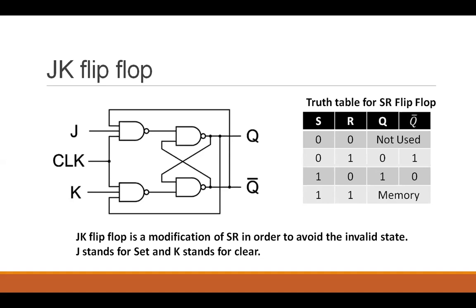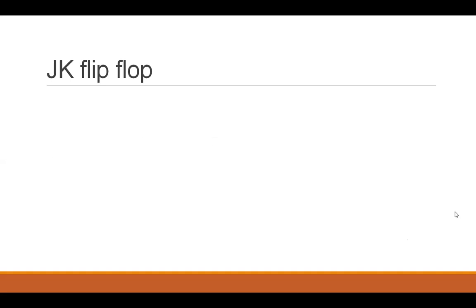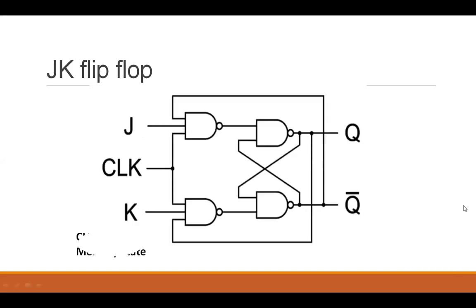Now, let's consider the different scenarios of JK flip-flop and let's try to learn to evaluate it. So here's your JK flip-flop. One thing to remember, if you have your clock set to 0, the previous state of your circuit is going to continue. Whatever your previous state is, it is going to remain the same. The previous values of Q and Q complement are going to continue.